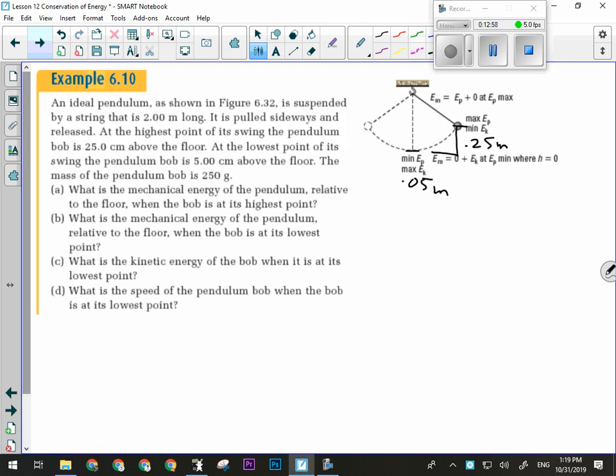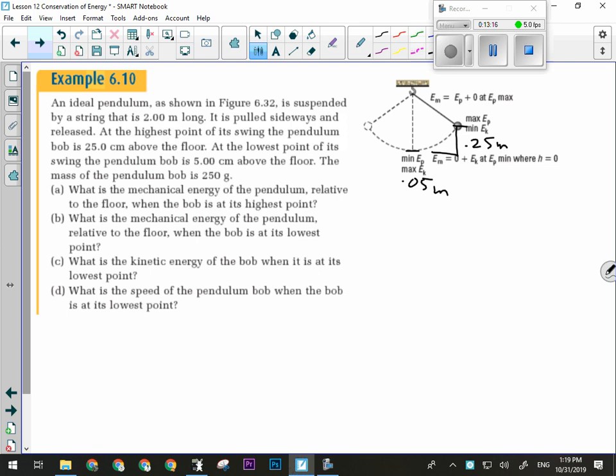What is the mechanical energy of the pendulum relative to the floor when the bob is at its highest point? What kind of energy did we say it had at its highest point? Only potential. Can I calculate that? Yes, just by going m times g times h.